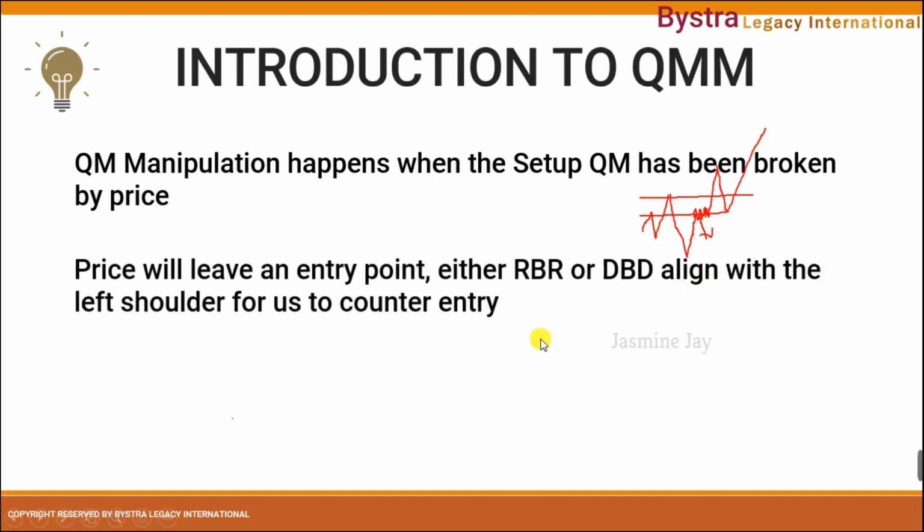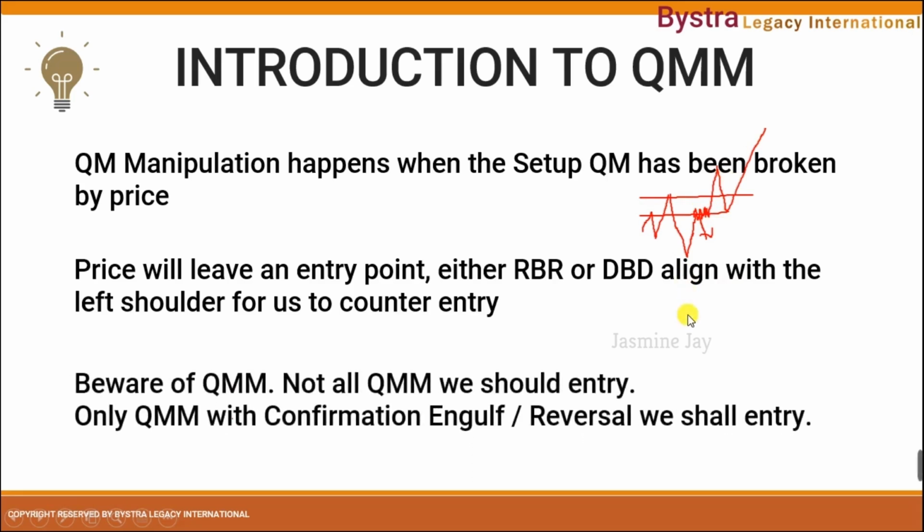As I said earlier, price will normally leave an entry point, either a rally base rally at this point, or a drop base drop if you want to sell, aligned with this left shoulder for us to counter entry when price comes back to this area, this rally base rally here, and goes up. So we have to be aware of QMM. We should not enter on every QM manipulation. Only the one which has the confirmation of an engulfing or reversal, then only can we enter.